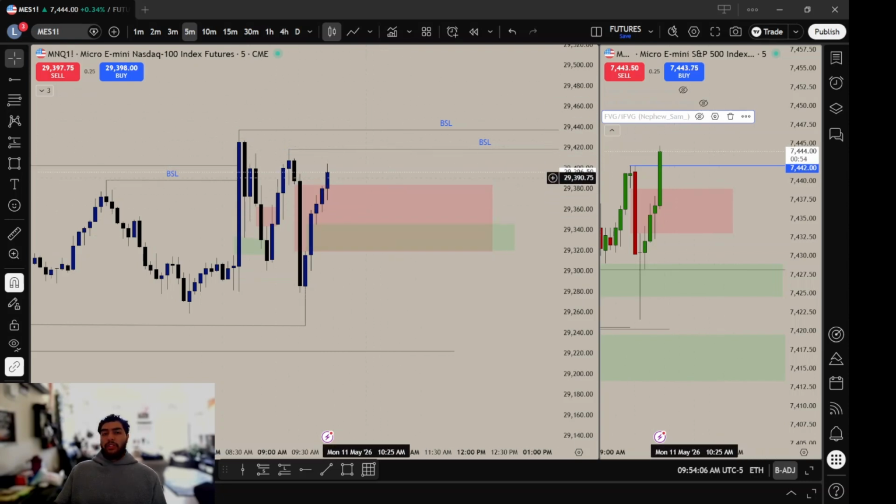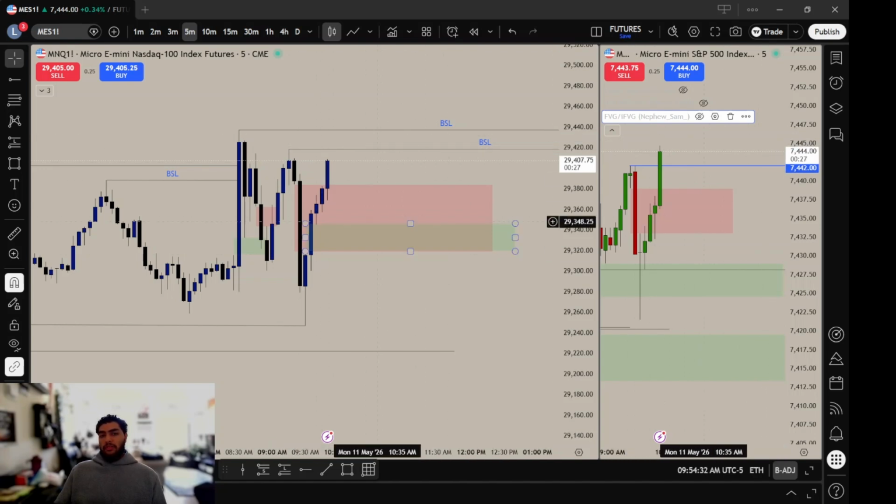But now it really does not have to, because it already took them out on ES. If ES starts dumping and passes these things, NQ does not have to rise up and come get these highs. This liquidity is sold on ES, on the S&P 500.